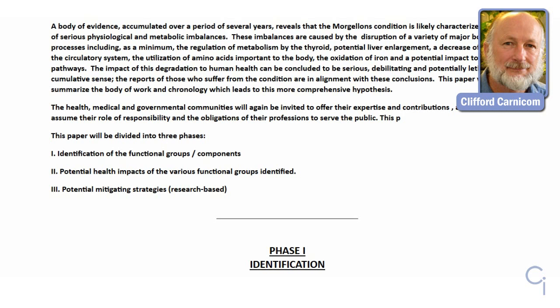The second part of the paper is going to cover the potential health impacts that would, might, could, or will occur from the existence of these particular functional groups within a living being. And it would be faulty to think that because you have a functional group, it is somehow expressive of a disease condition.